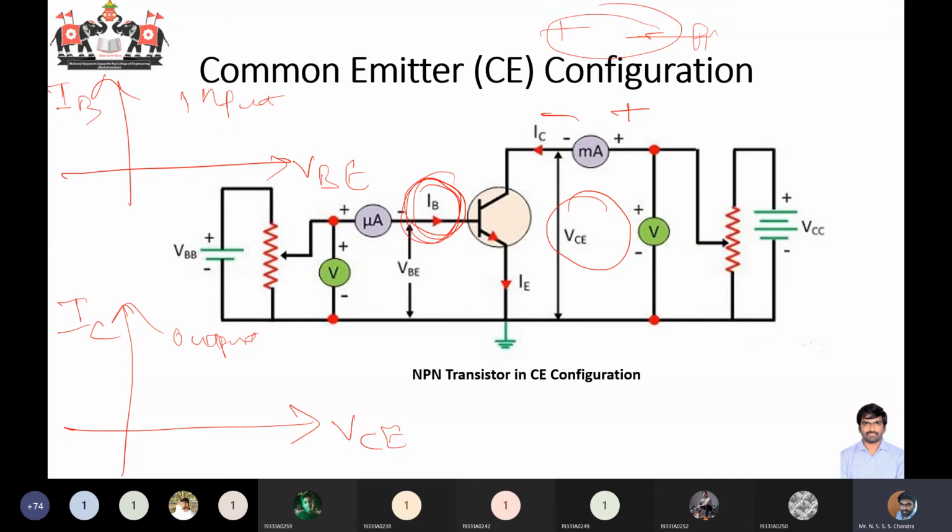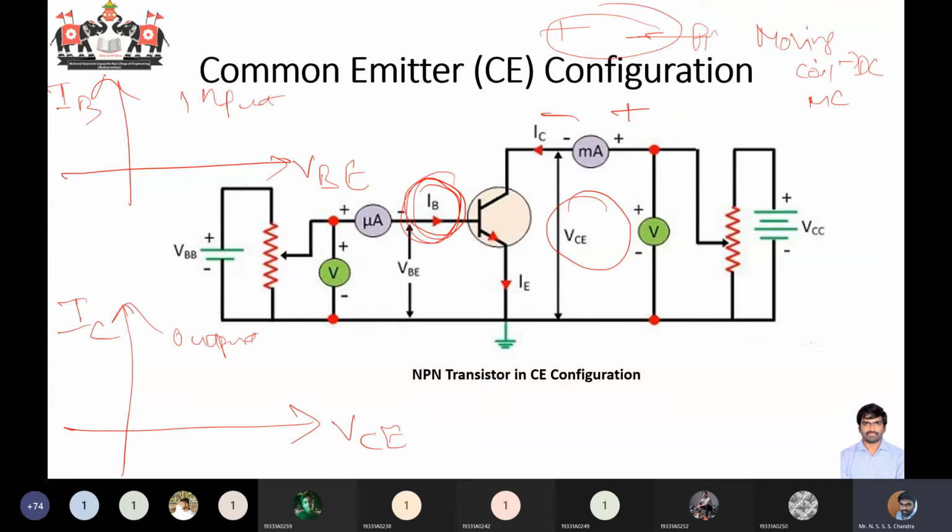The sign of your ammeter is also important because it is not an alternating current, it's a DC current. For a DC current, what type of ammeter do you have to use? You have to use a moving coil type of instrument. Whenever you are using DC measurements, you have to use moving coil or MC type of instruments. MC is for DC.